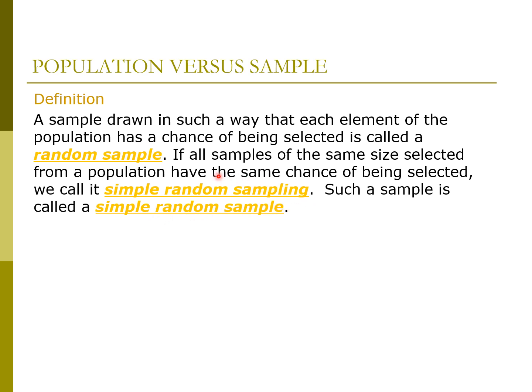That is, if a sample of the same size is selected from the population, each having the same chance of being selected, we say it is what? A simple random sampling. A sample that is drawn such that each element of the population has a chance of being selected is what? A random sample. The approach is what? A simple random sampling.